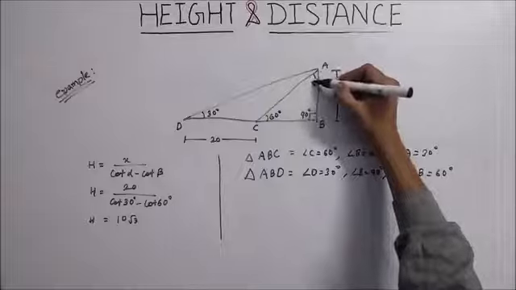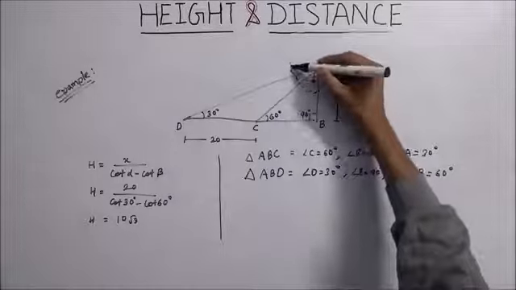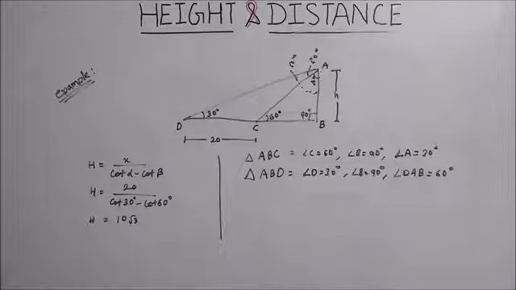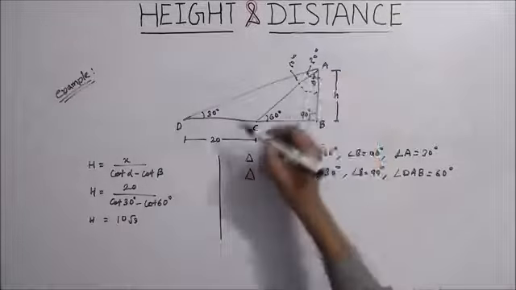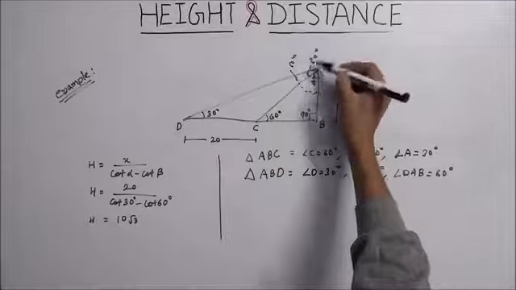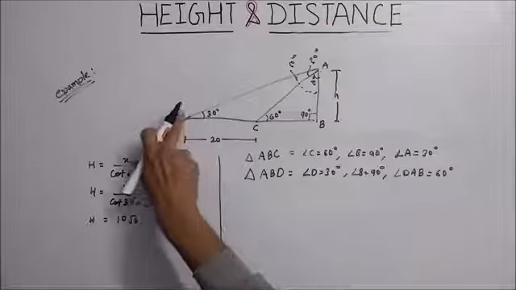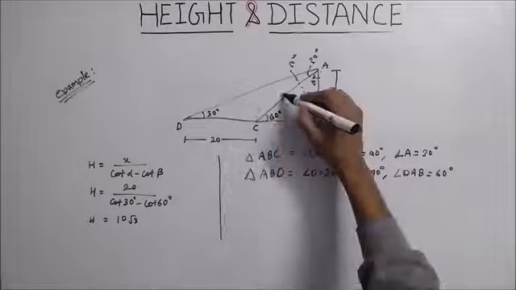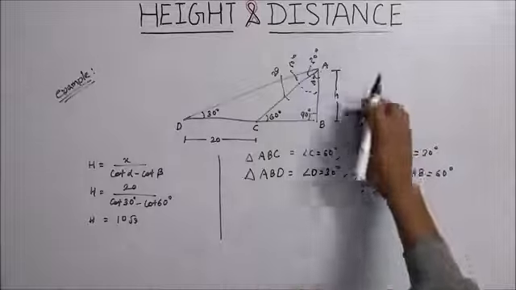This angle is 30 degree, this complete angle is 60 degree, so the remaining one is also 30 degree. Now you have to play with angles. This side 20 centimeter is opposite to the 30 degree angle. Similarly, this angle is also 30 degree in this triangle. So when this side is 20, this side is also 20. We have to find the height.